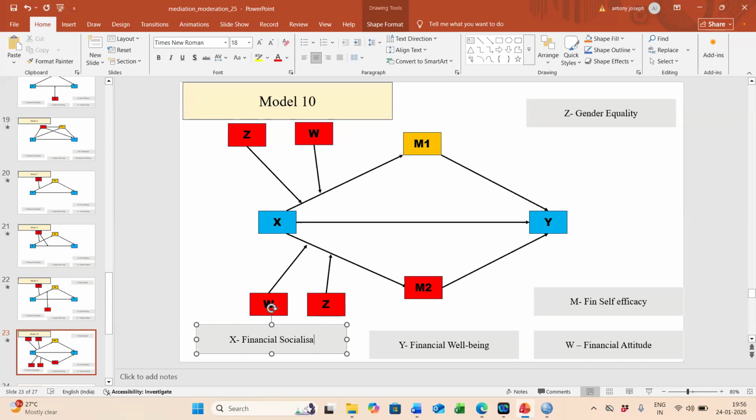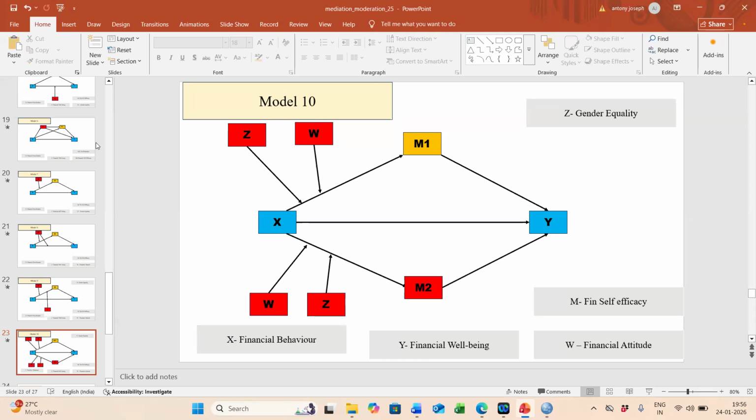In place of socialization, I would like to take financial behavior or financial discipline, and all other variables are kept without any change. No problem at all, because we have to experiment.